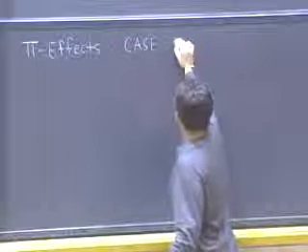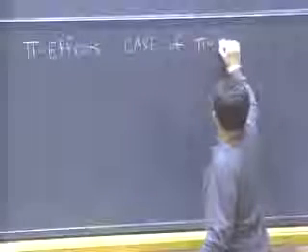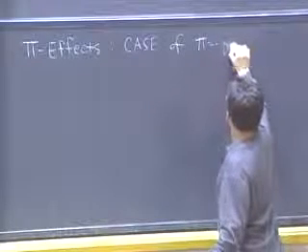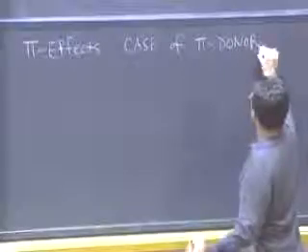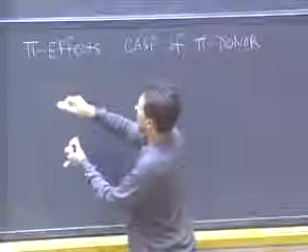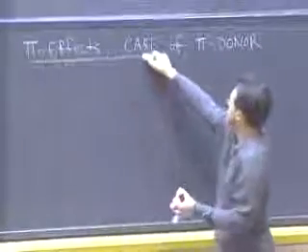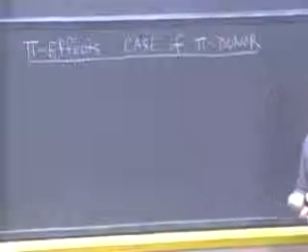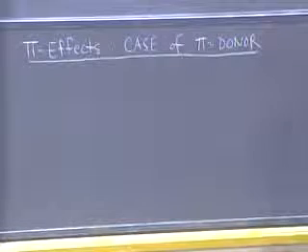And we'll treat first the case of a pi donor. Remember that if we're talking about a donor, that means we're effectively talking about a Lewis base.